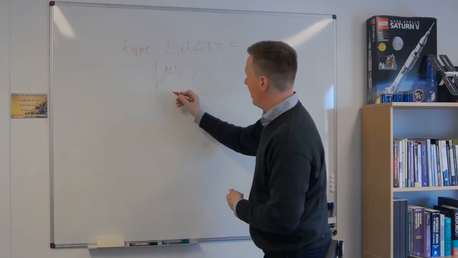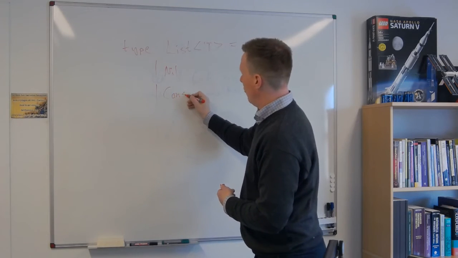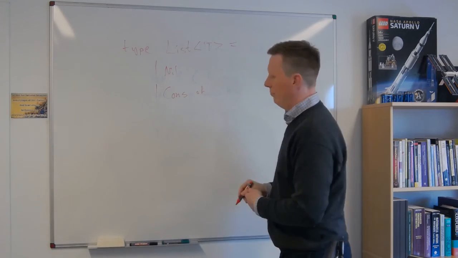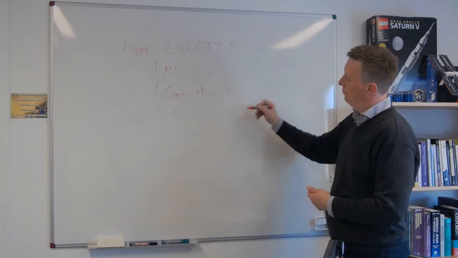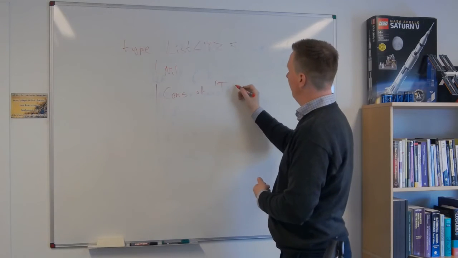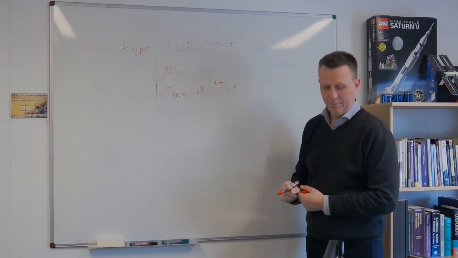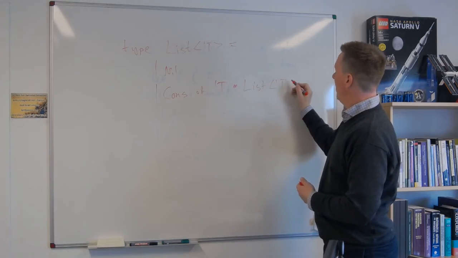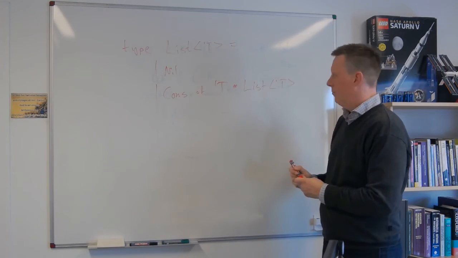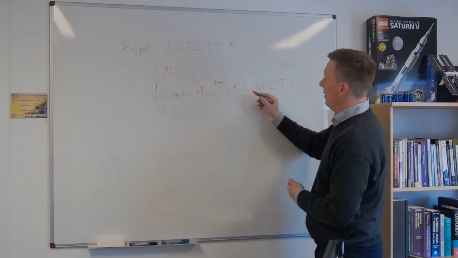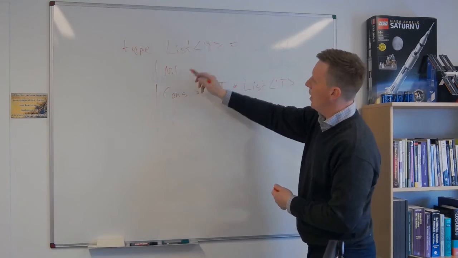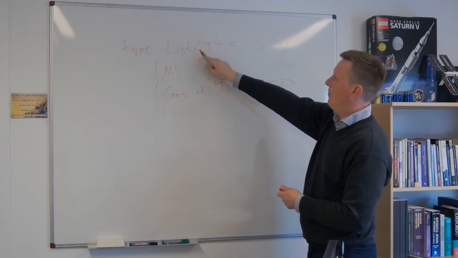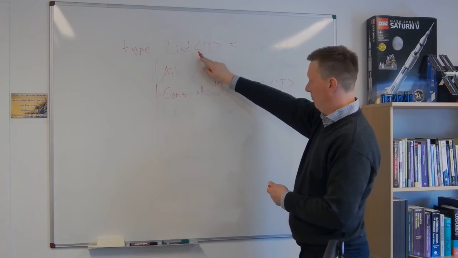And we have the case which is commonly called cons of T, list of T. So now we see we have a case of this union type, which is a list of T, which is the type we are defining. Okay?